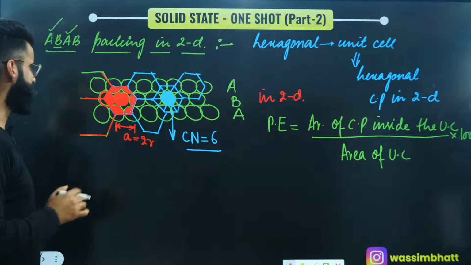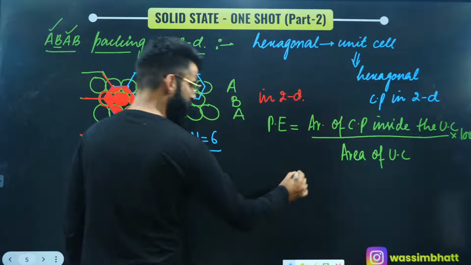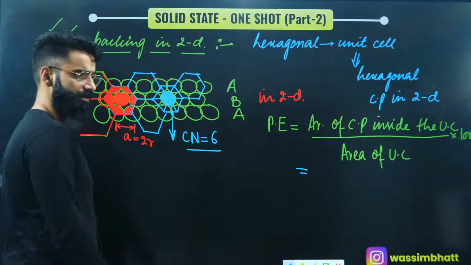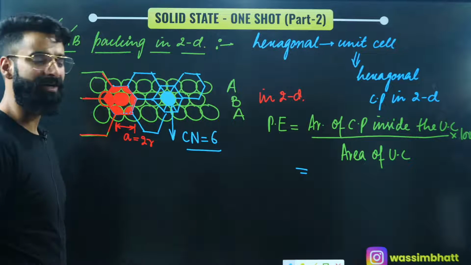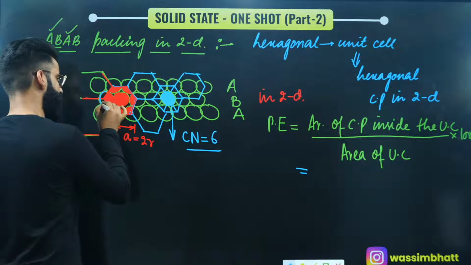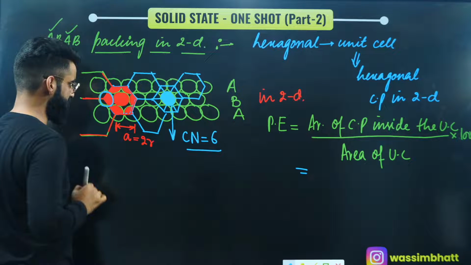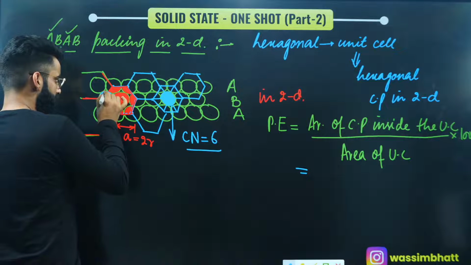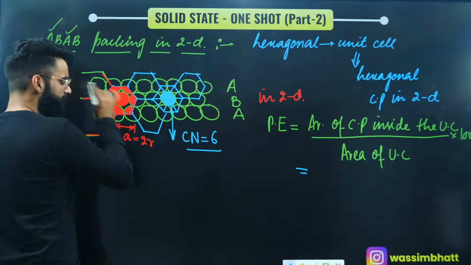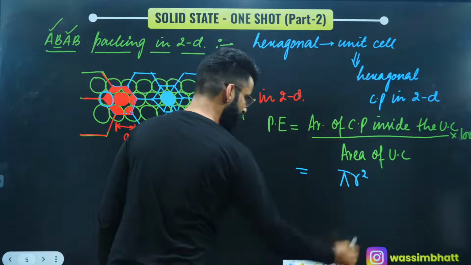Now, let's understand a few important things over here. What do I need to calculate? I need to calculate packing efficiency, which is equal to the area of constituent particles inside the hexagon. If I talk about this constituent particle, which is one of the corners of this hexagon, the total area of this constituent particle is pi r square, right?